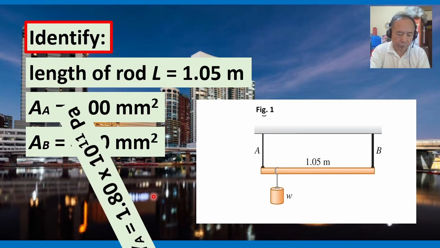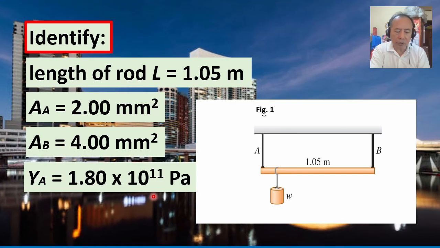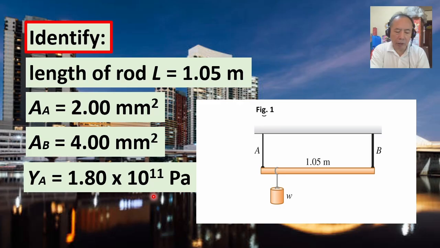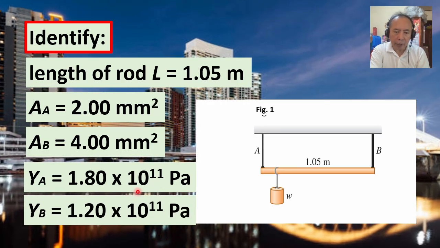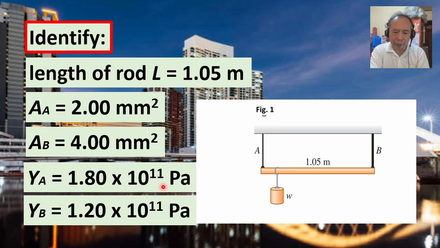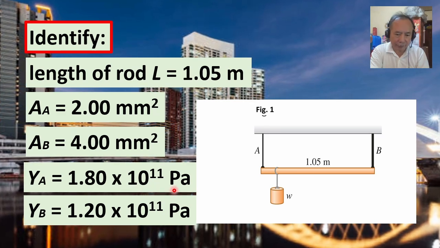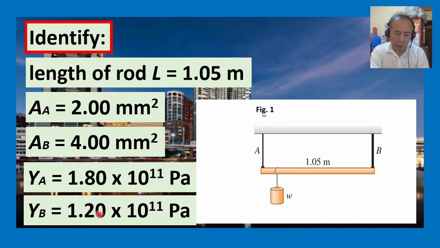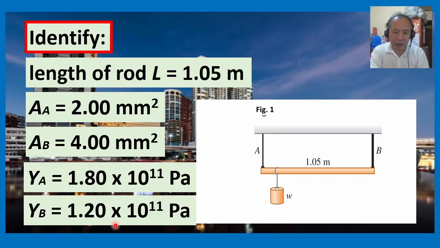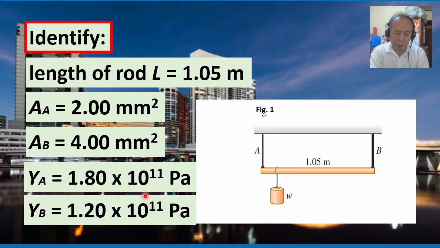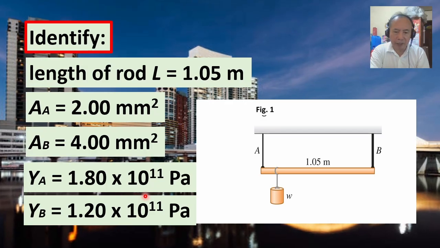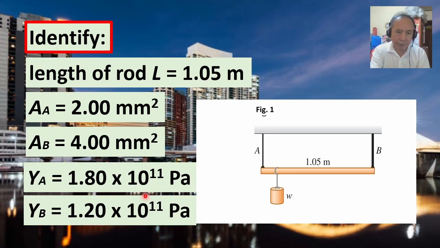Also, the Young's elastic moduli of the two wires, 1.80 times 10 to the 11th power Pascal and 1.20 times 10 raised to the 11th power Pascal for wires A and B, respectively.